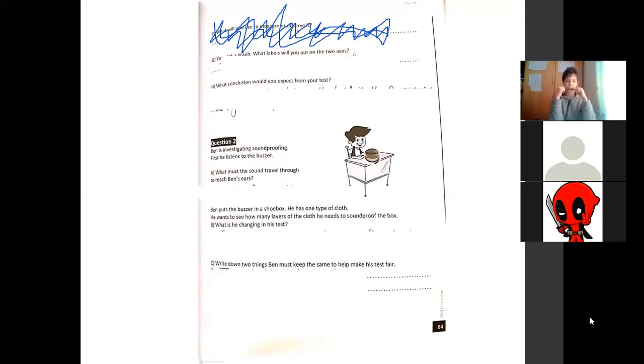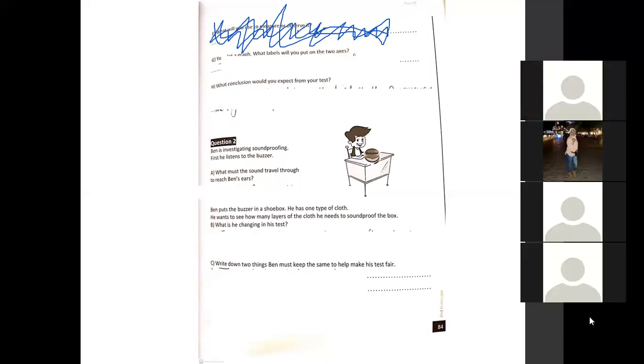Question G, guys. You plot a graph. What labels will you put on the two axes? Ziad, Tamer. Yes. So what labels are you going to put on the two axes?